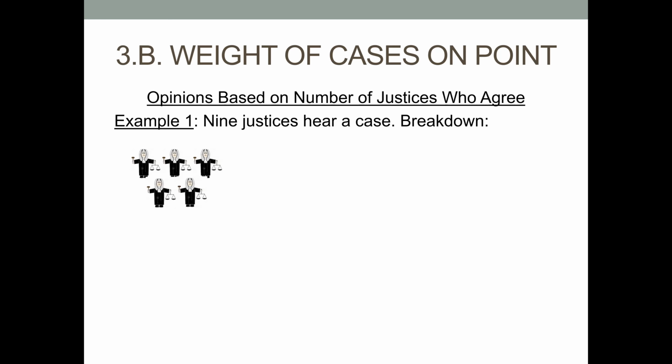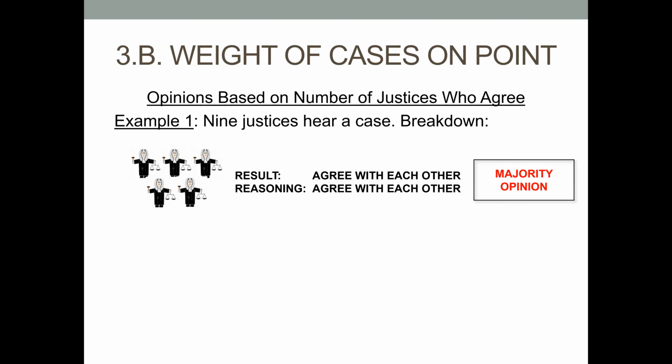Of the nine justices, five of them agree with each other on the result, and those same five agree with each other on the reasoning leading to that result. So one of them takes the lead, drafts an opinion, and the other four justices join in. So you have five justices all on board with this opinion. That would be a majority opinion: more than half of the justices agreeing with each other on both the result and the reasoning.